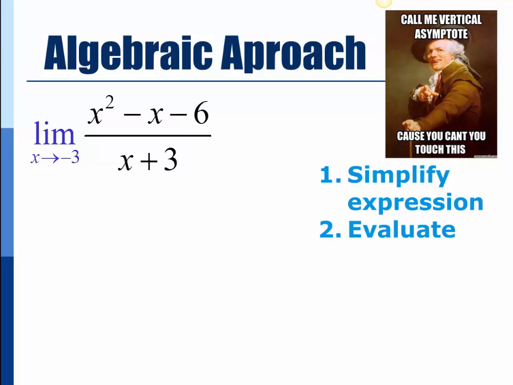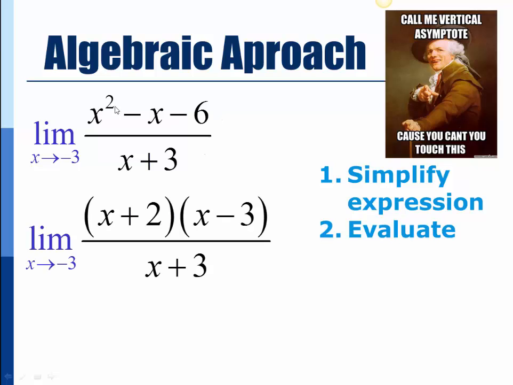And so what's happened algebraically? We're going to use the same idea, two steps if we can: simplify the expression and then evaluate. In this particular example, I'm going to factor the top. But when we factor the top, unlike the previous examples, there's nothing that reduces out. This is an x plus 2 on top, and this is an x minus 3 and x plus 3. There's nothing similar that I could reduce out. So I'm stuck with that 0 in the denominator when we have -3.